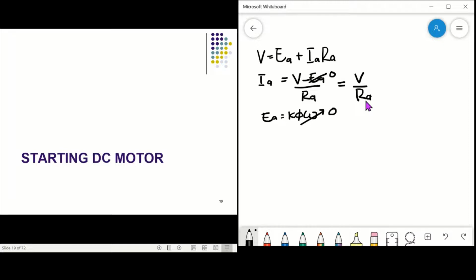Therefore, a large current flows through the armature during starting, and this current is large enough to damage the armature circuit. Let's say V equals 220 volt, 220 volt divided by 0.5. So you will get a high current here.